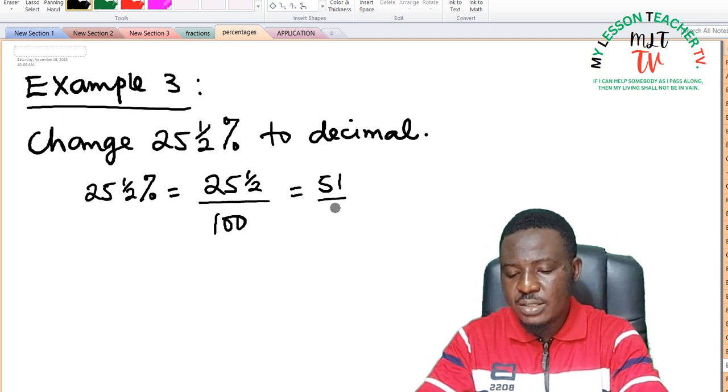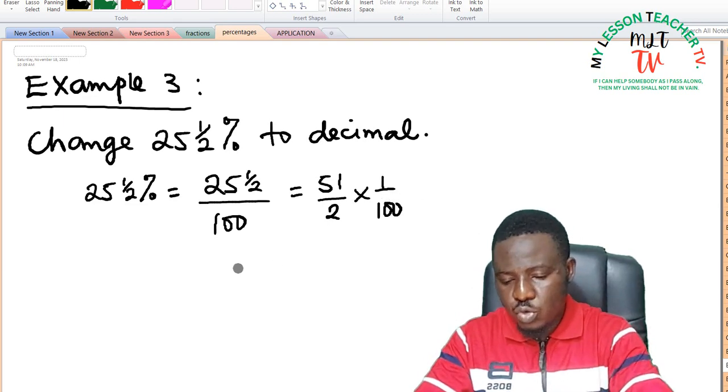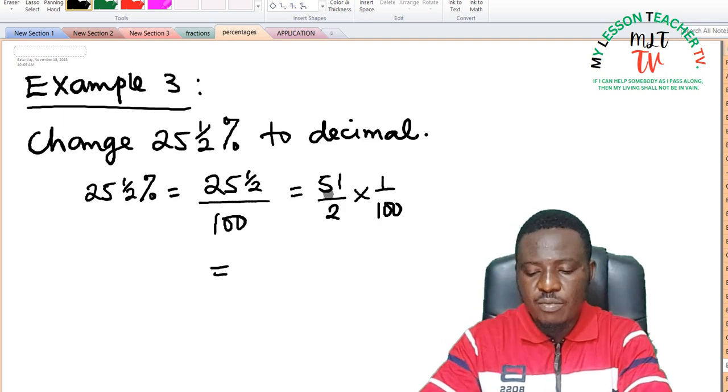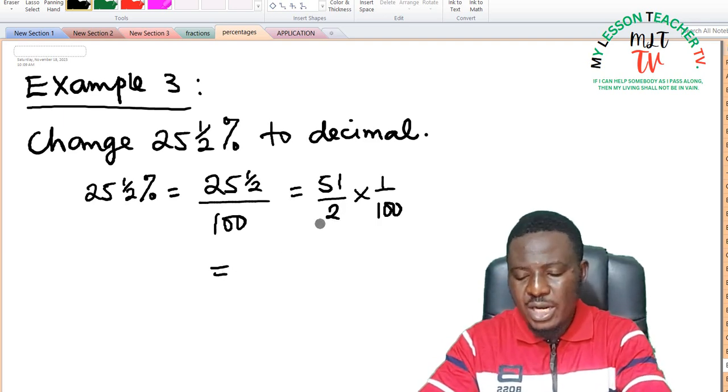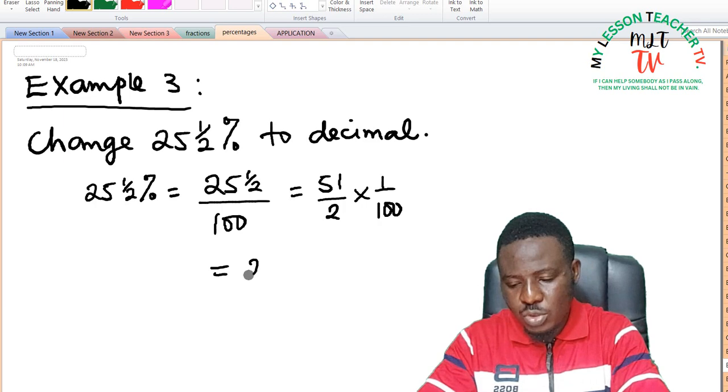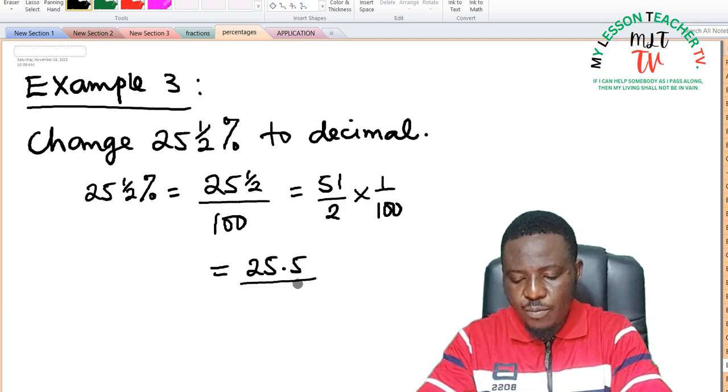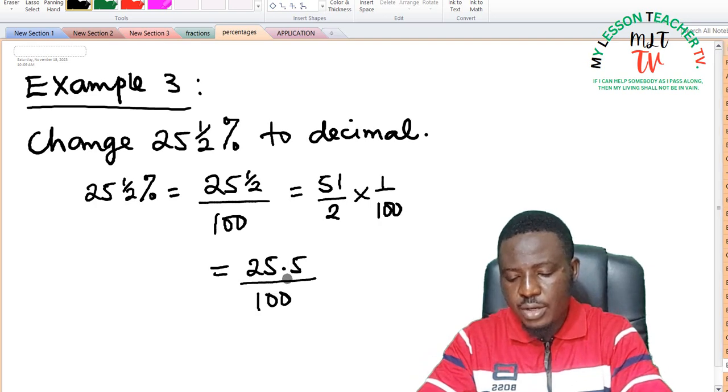So I have 51 over 2 times 1 over 100. So what I'm going to do is I'm going to divide 51 by 2. Already, I know that this is equal to 25.5. So 25.5 divided by 100.